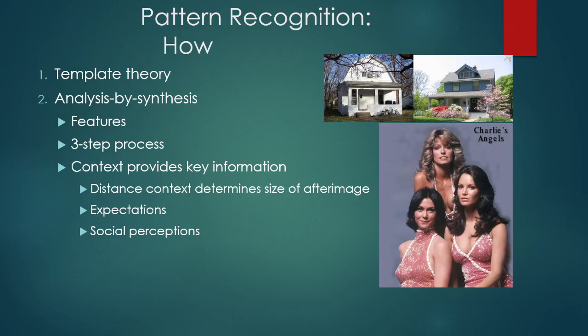They did a study about 15 years ago. I should have looked it up for you guys and put it on the slide, but I didn't think of it before, where they had men who were in romantic relationships with women look at either the Sears catalog or the Victoria's Secret catalog for like 30 minutes. And then they were shown a picture of their girlfriend or wife, and they rated the attractiveness of their girlfriend or wife.